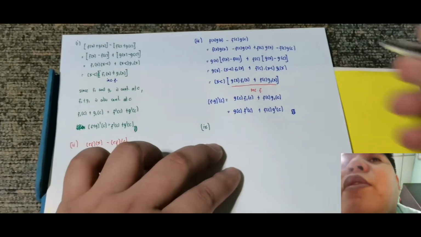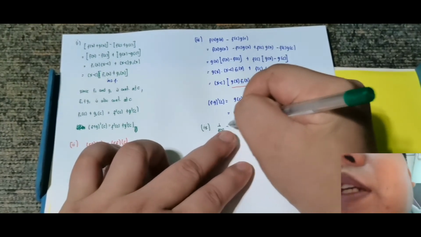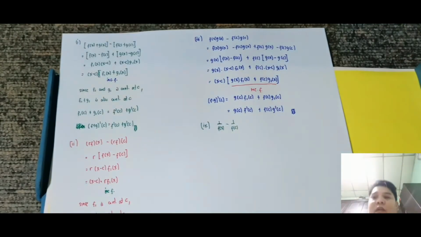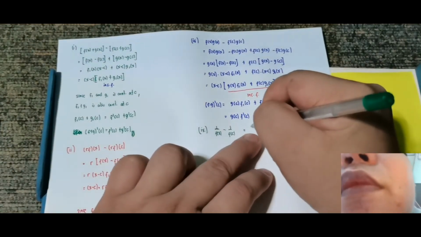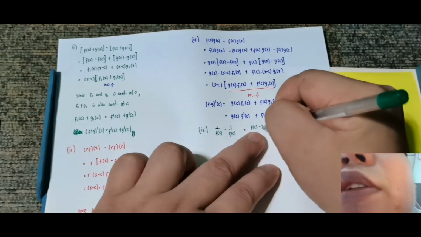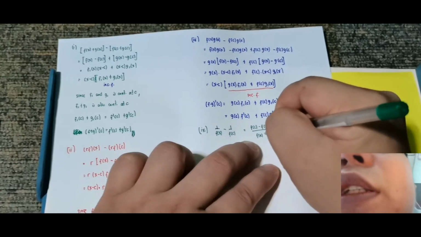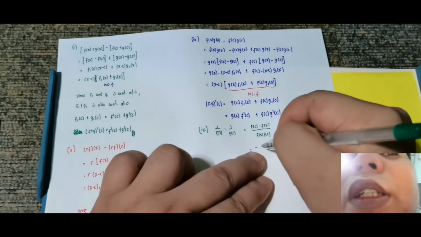So for number 4, consider 1 over f(x) minus 1 over f(c). Obviously, that is equivalent to f(c) minus f(x) over f(x) f(c). Let's factor out the negative.